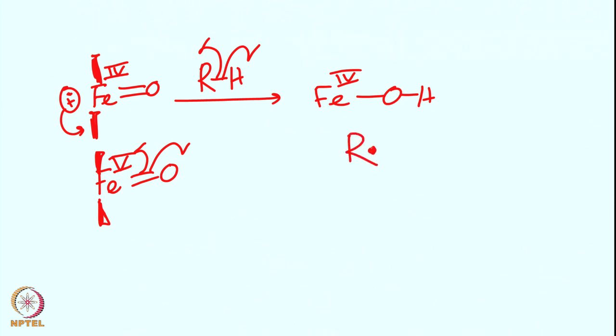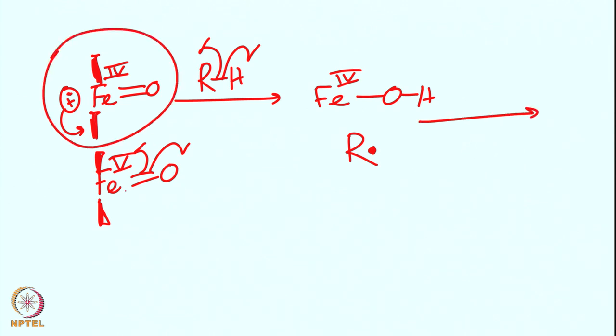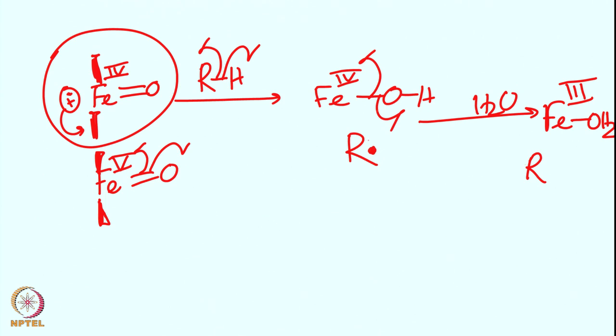Now this R radical formation can then undergo homolytic cleavage, if you want to draw it. This is an iron 3, of course it will not stay as it is; it will pick up a water molecule from the media, and then this R radical and the radical will give you the ROH formation. If you are doing O18 labeling, in these cases you will end up getting O18 labeling from the oxygen moiety.